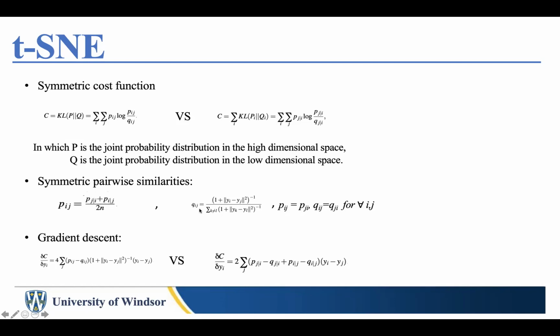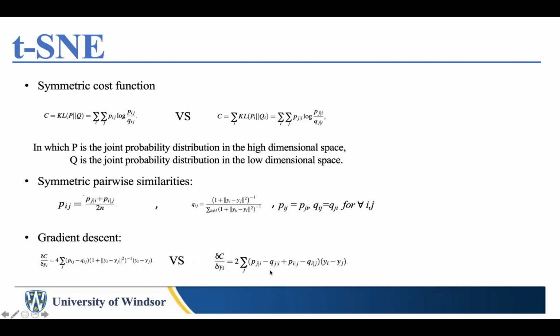In low-dimensional space, it introduced the Student t distribution and normalized it. So in gradient descent, it can only consider Qij because Pij is a fixed value here for reference.